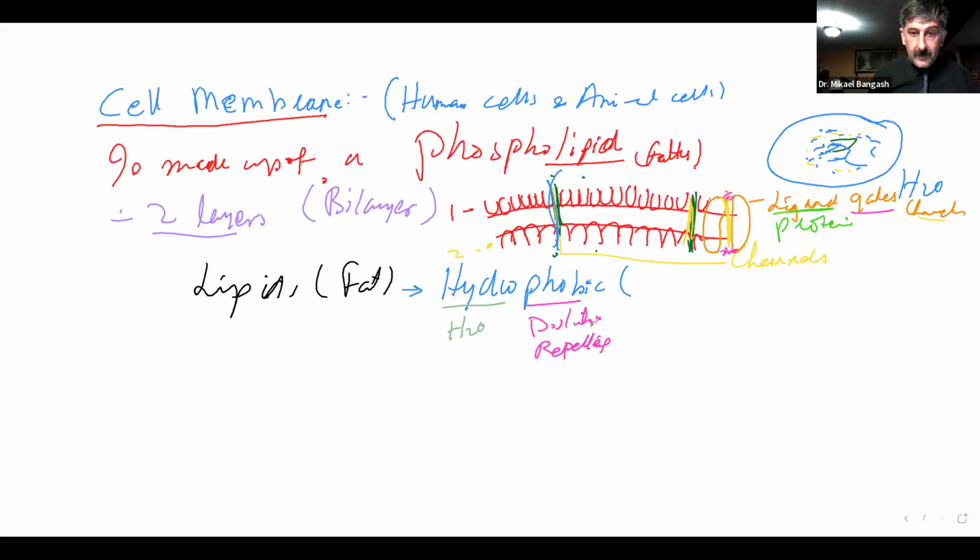Because most substances that will enter and leave cells are hydrophilic and not hydrophobic. So your cell membrane, because it is made up of fats, is hydrophobic, which mainly means disliking or repelling fluids or water.